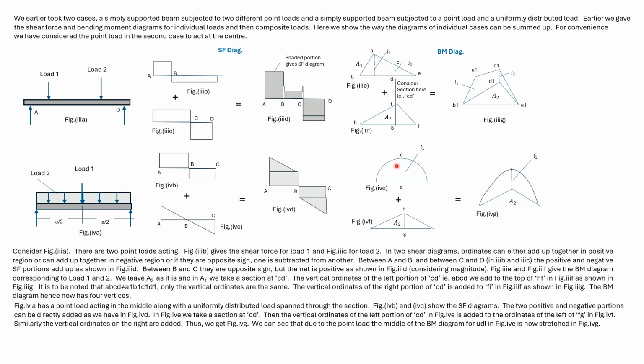We add the left portion to the left and the right portion to the right. The vertical ordinates are added as mentioned earlier. We can see that the bending moment diagram for UDL has the middle portion stretched in the composite diagram.